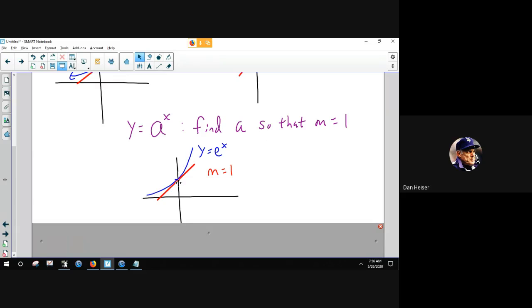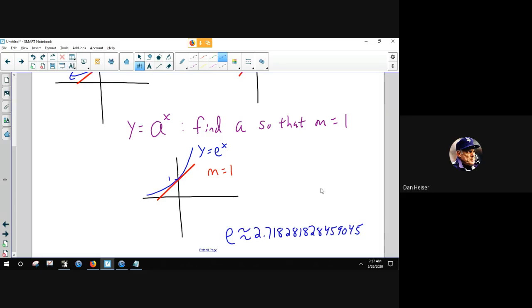It's the exponential function that gives a slope of exactly 1 at that point. At the point (0, 1), the slope of this tangent line is exactly 1. And that's going to be an important property later on.